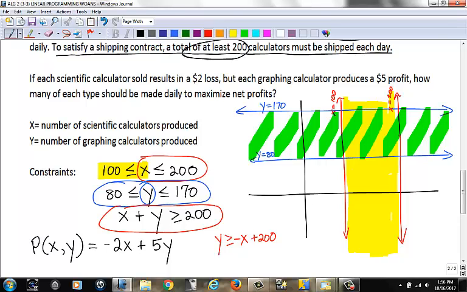And I don't really need the tick marks. So to turn off the tick marks, put 0 in for the x scale. For the y min, I still want to see the axis, so I'm going to go -10. For my y max, I know this graph is going to cross at 200. Let's go maybe 300 on there too. And scale 0. And we can change the window if we need to.